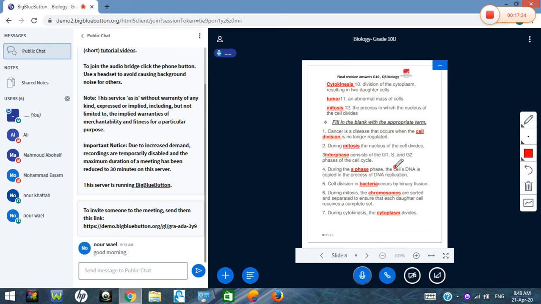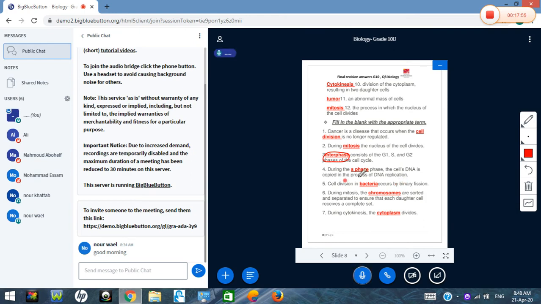G1, S and G2 are included in the interphase process.